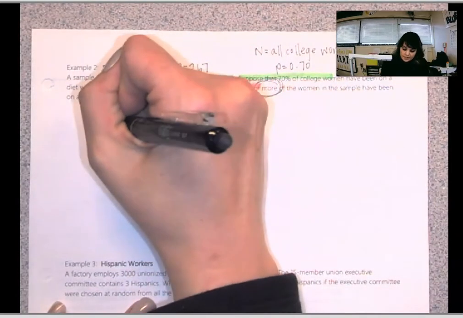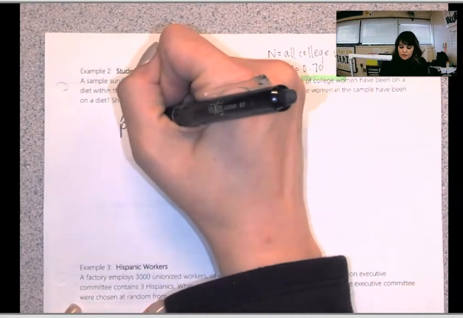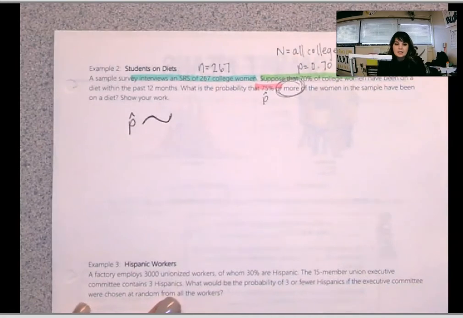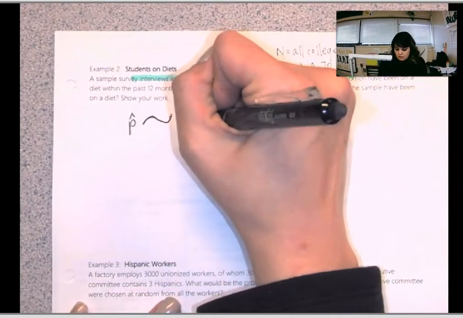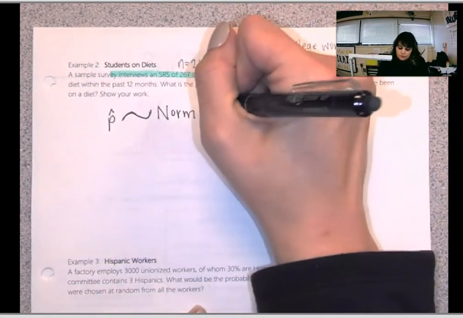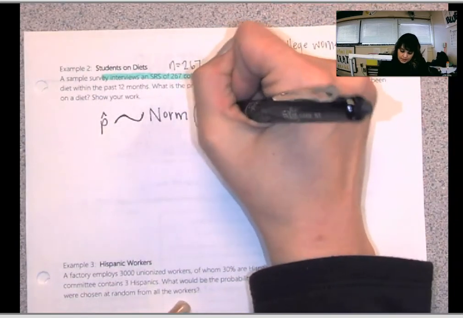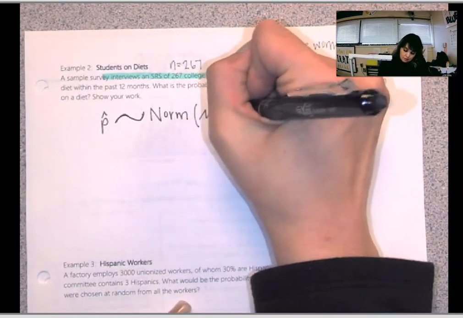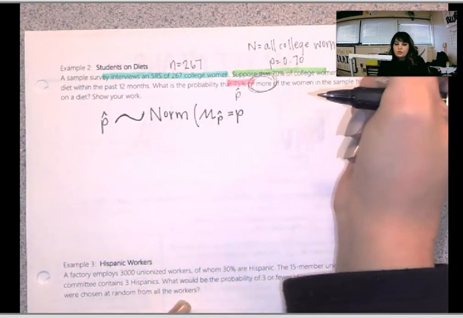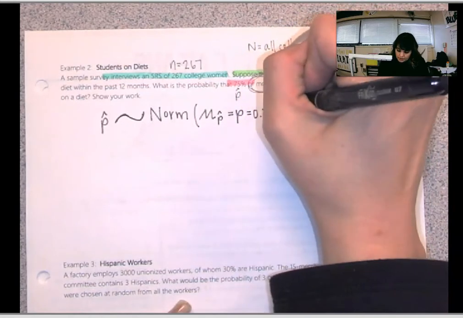So we're going to say p hat, and then we're going to do a little squiggly, like you saw in your quiz. p hat is normally distributed with a center or a mean, mu sub p hat, that is equal to true p, which is 0.70.